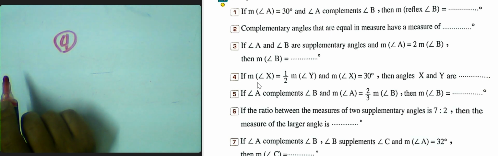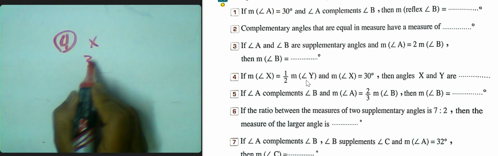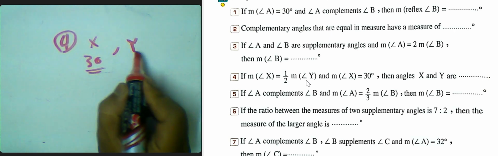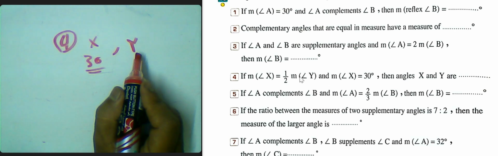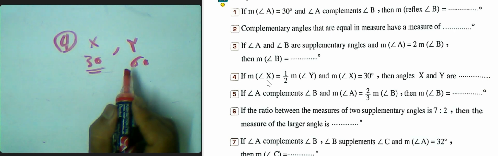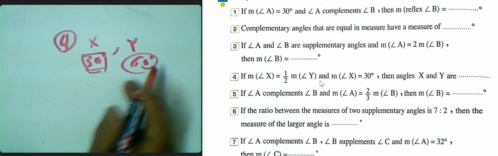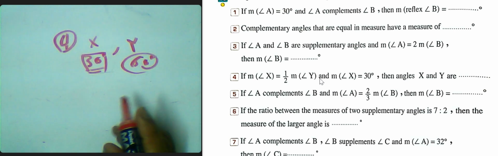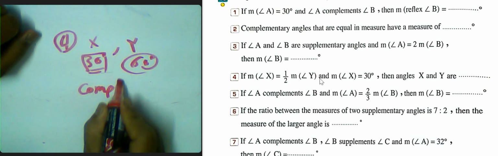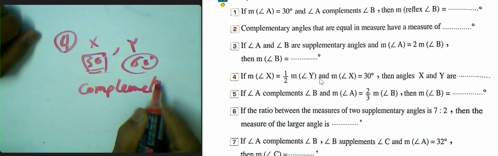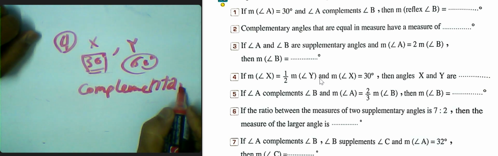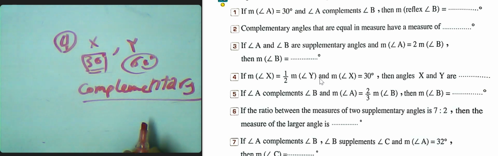He tells us X is half of Y. X is 30, then Y would be 60, because X is half of Y. Then 30 plus 60 equals 90. We call them complementary angles.